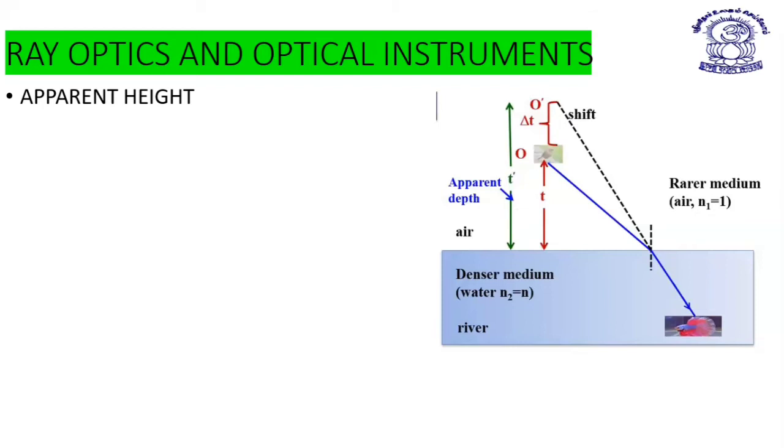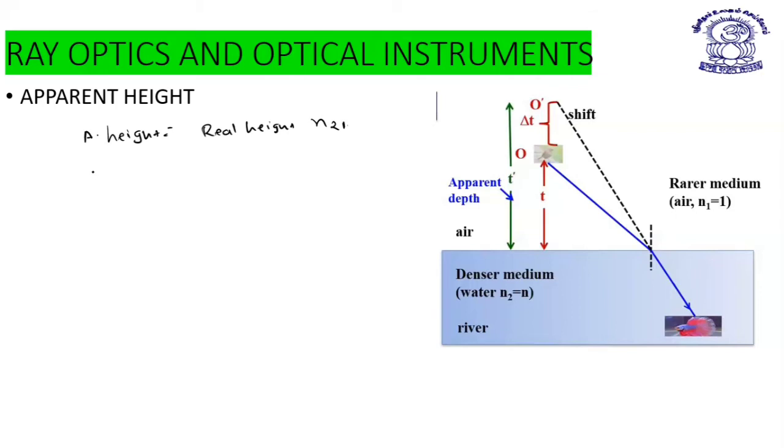Here, the apparent depth or apparent height will be equal to real height into N21.